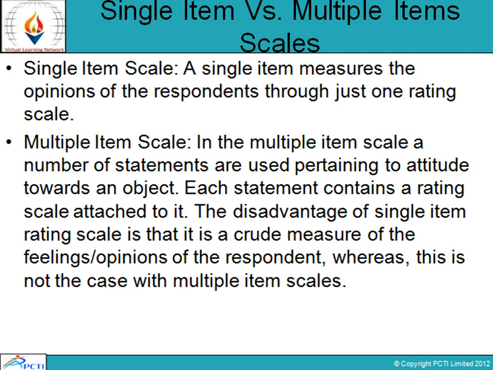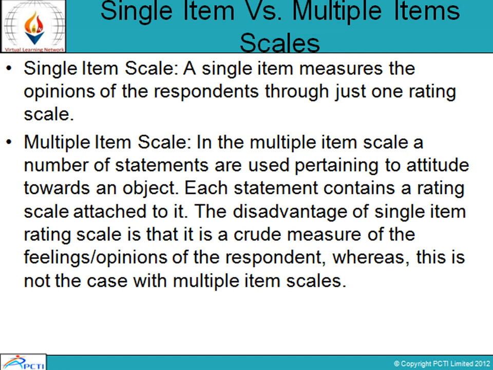Then comes single item versus multiple item scales. When we talk of single item, only a single item is used to measure the opinions of the respondent, and only one rating scale is used. In case of multiple item scale, what happens?